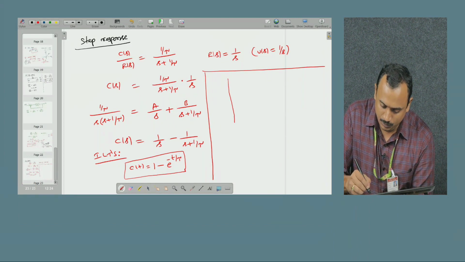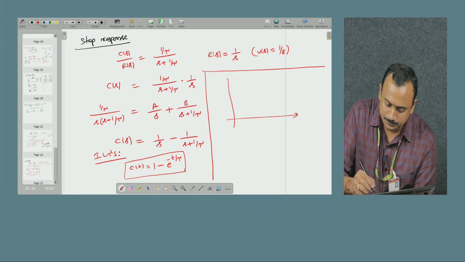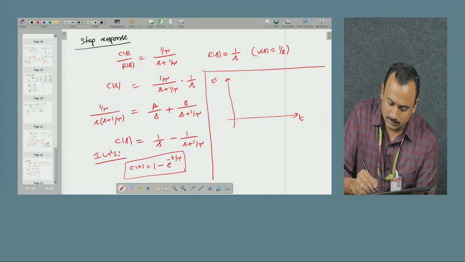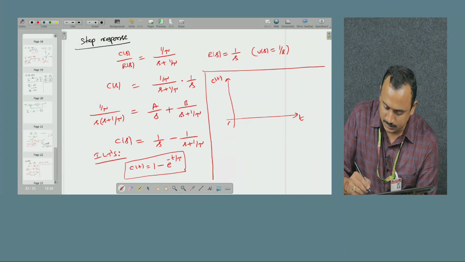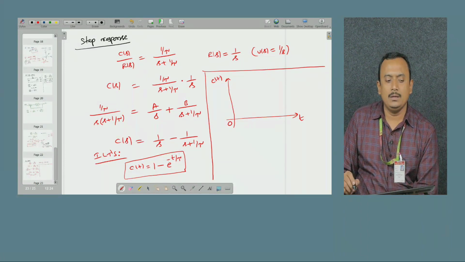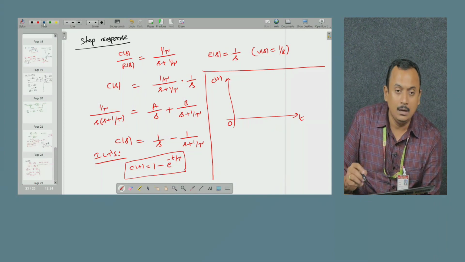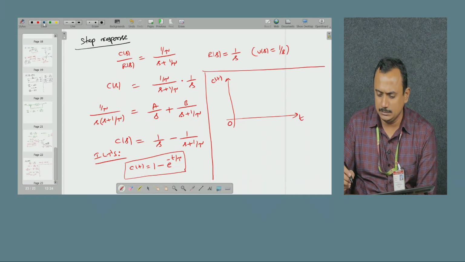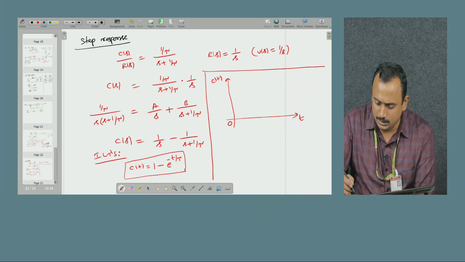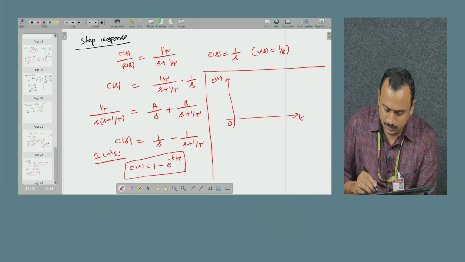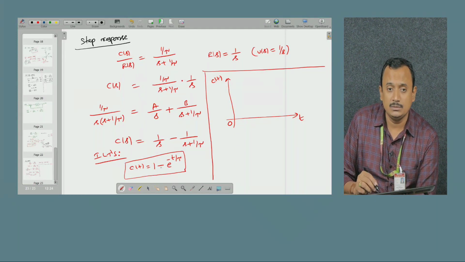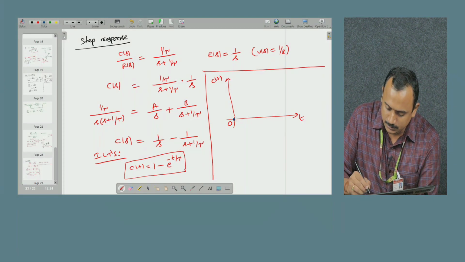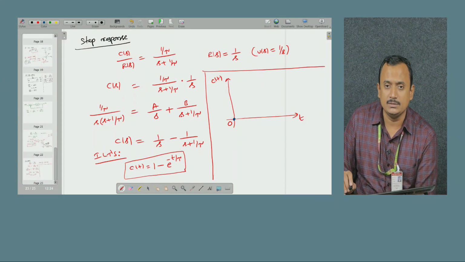And if you plot the response, this is t and this is C of t, this is 0. Here also we draw the response curve by taking different values of t. At time t is equal to 0, e power minus 0 is 1, so 1 minus 1 becomes 0. So at time t is equal to 0, the response, that is C of t, is 0.